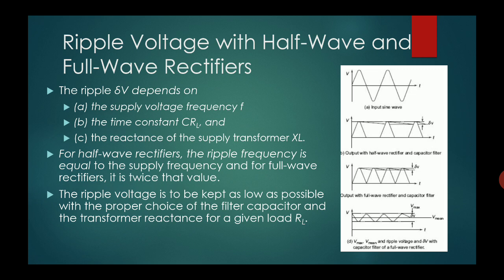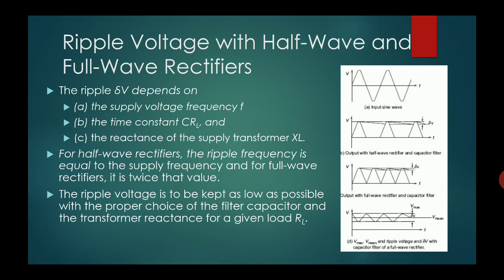Here you can see the ripple delta V for the single phase, the half wave, is much more than that of the double phase or full wave rectifier, because the appearance of the next ripple is closer than in the half wave rectifier.